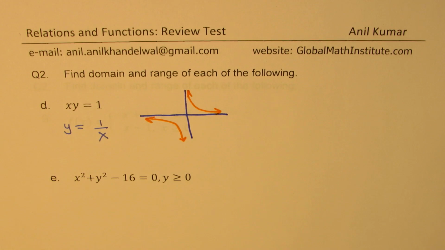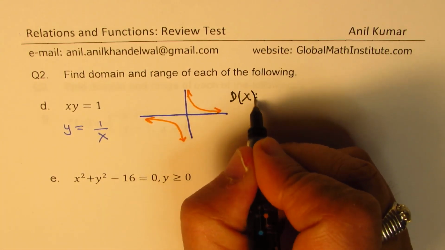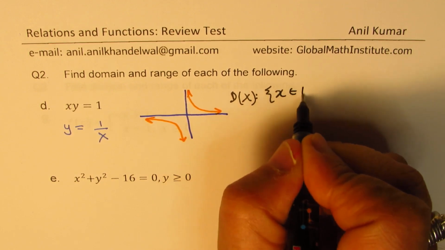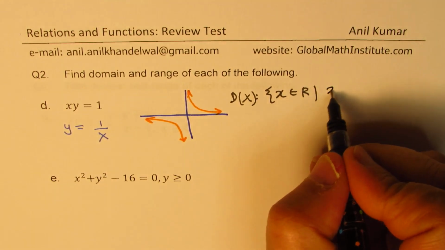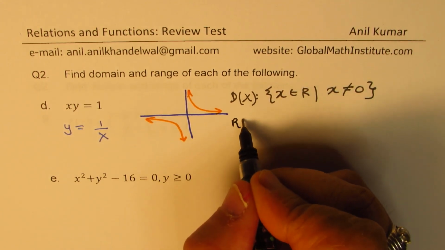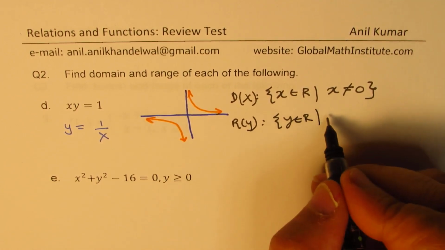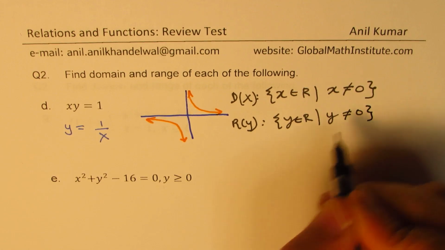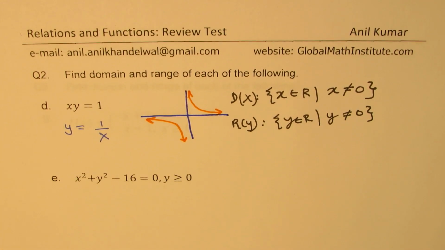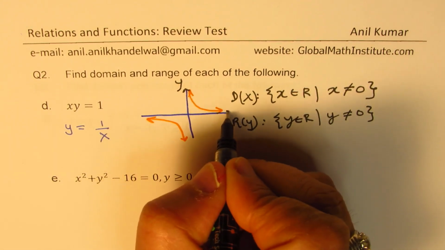Now in this function, clearly, we know that the x values, the domain, will be: x belongs to real numbers where x is not equal to 0. And as far as the range is concerned, the y values also belong to real numbers, but the y value cannot be equal to 0. Since x equals 0 gives you an undefined term, we have a vertical asymptote at x equals 0 as shown in this particular diagram. Is that clear to you?